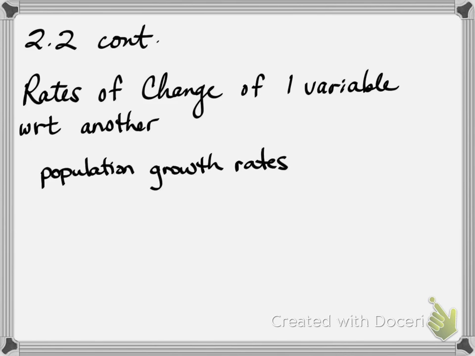Velocity, what is the change in the distance over the change in time. Acceleration was the change in speed over time. So production rates, how much of the product did they produce over a certain amount of time. Often time is one of those variables that we're talking about.